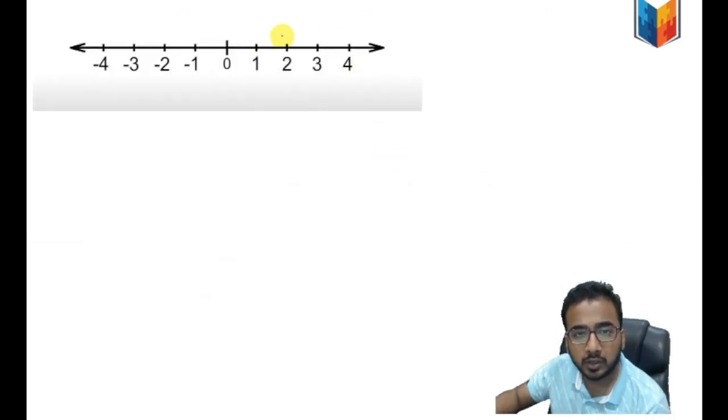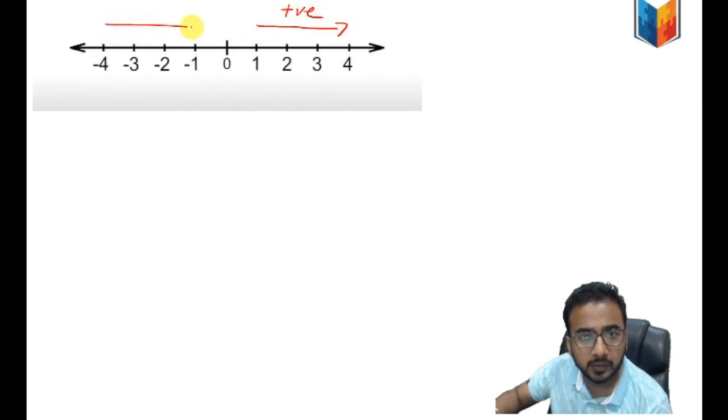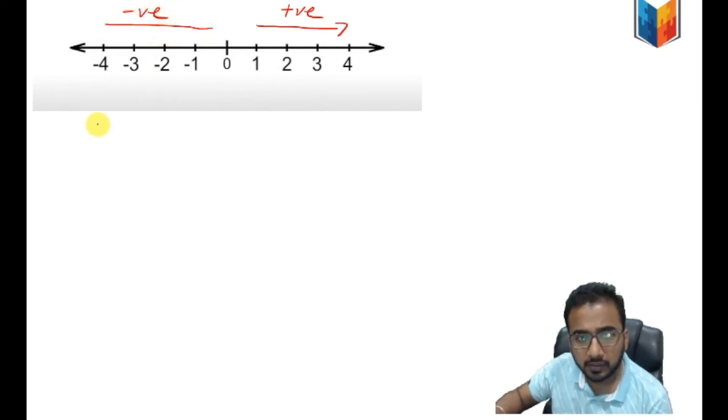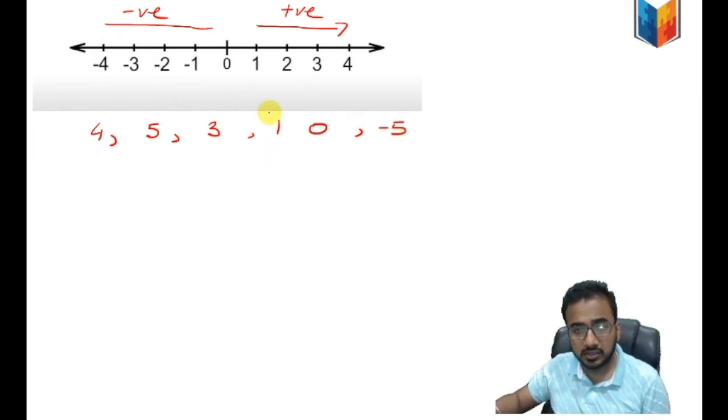So we saw that this is positive, this is negative, but you all have seen कि 4, 5, 3, 1, 0, -5. But what are those numbers?